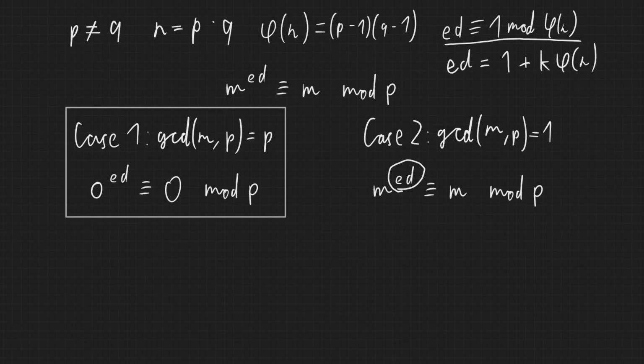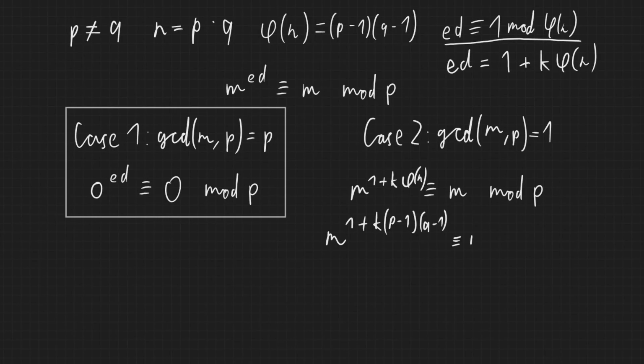So m to the ed can be rewritten as m to the power of 1 plus k times phi of n. Let's now replace phi of n with the actual definition. This gives us 1 plus k times p minus 1 times q minus 1.